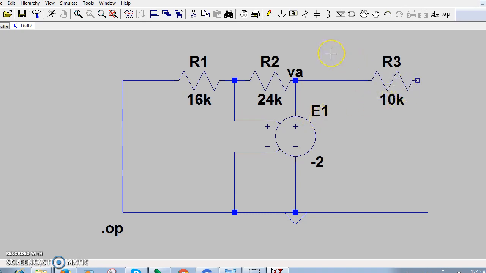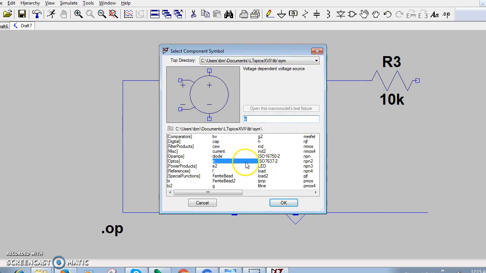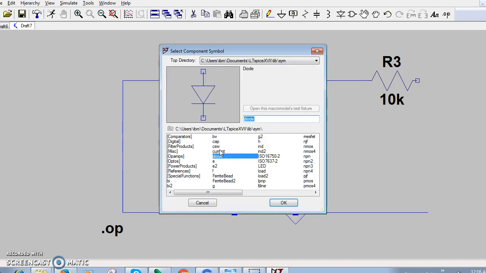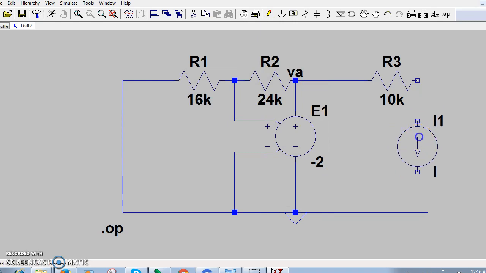Hence we need to connect a small current source. Over here it is, oops, escape, F2, current source, across the two terminals on which we have to find RThevenin.